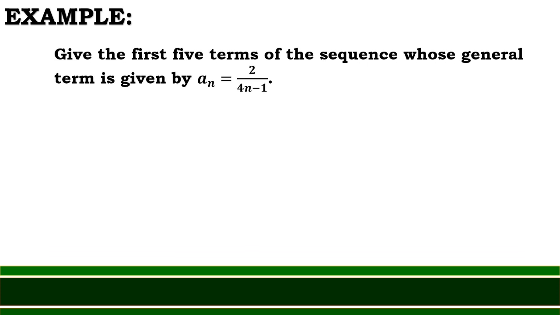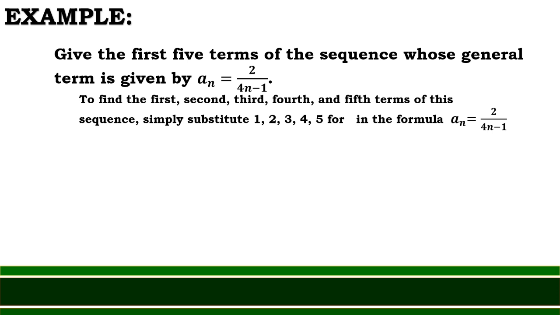Let's try another example. Give the first 5 terms of the sequence whose general term is given by a sub n is equal to 2 divided by 4n minus 1. Again, to find the first, second, third, fourth, and fifth terms of this sequence, just simply substitute 1, 2, 3, 4, and 5 for n in the given formula.